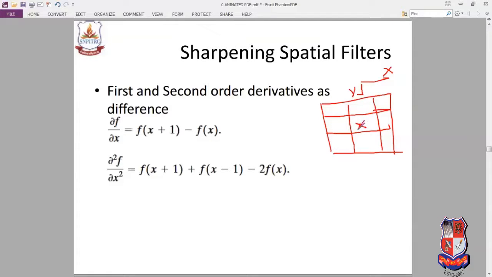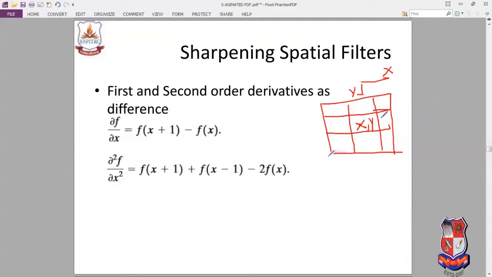Pardon the handwriting, because as I'm saying, I'm using the mouse and I'm not able to get this much. This is f of x comma y. Now here the y index is missing, or we deliberately have not used it because we are just seeing it in one direction. So this is f of x comma y.